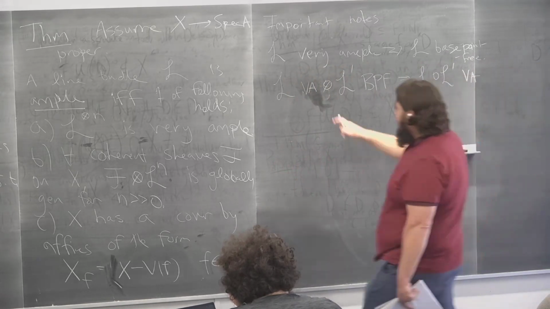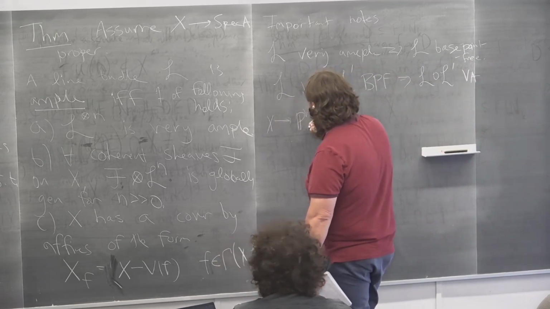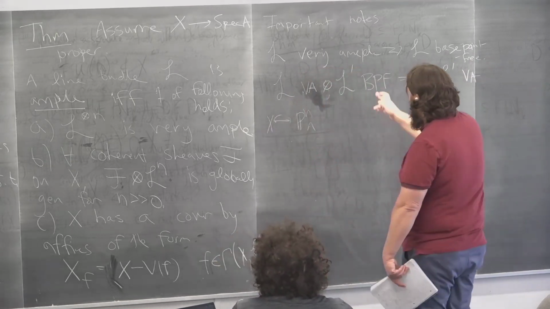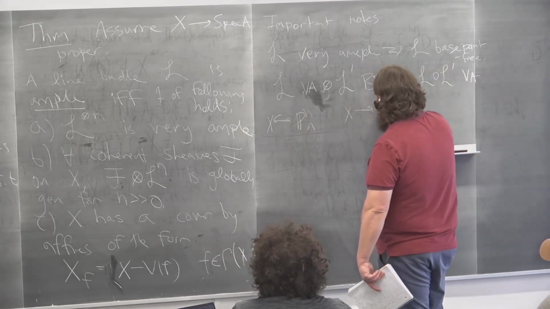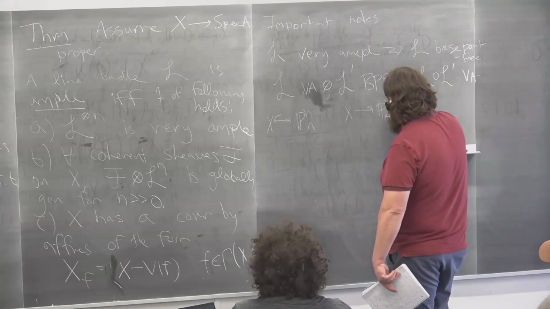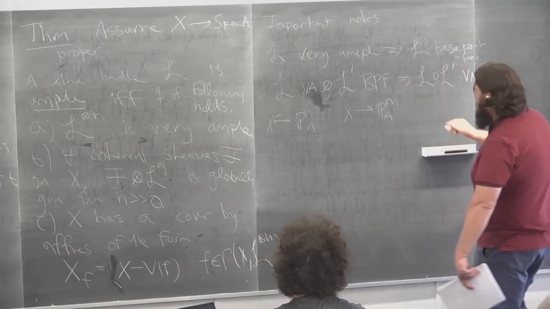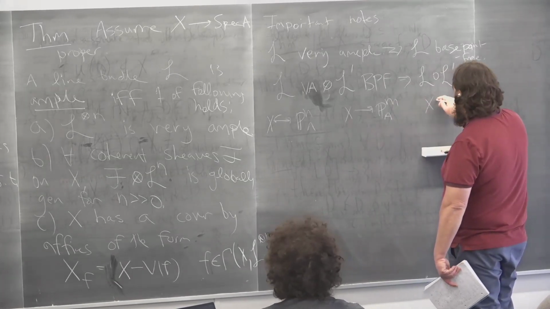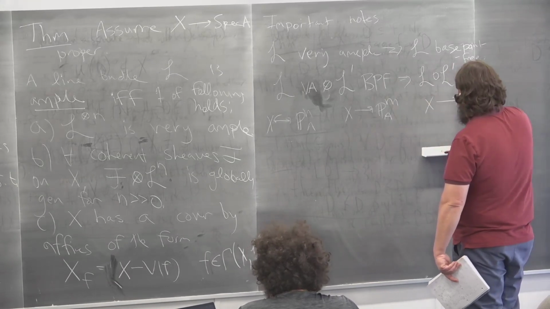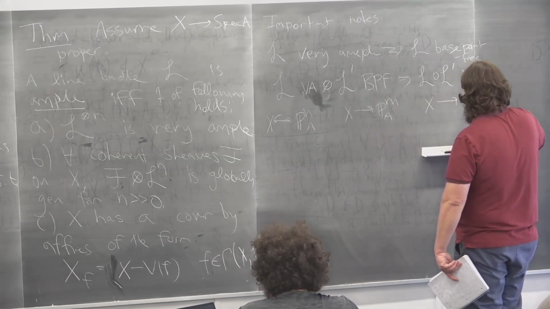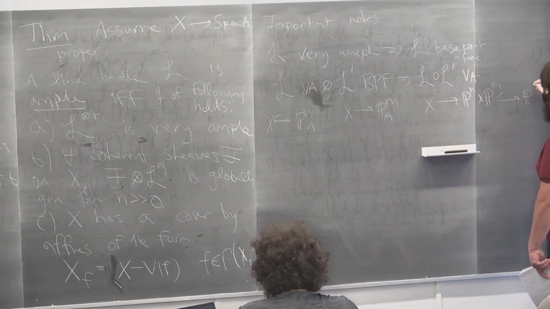And the proof here is this guy gives me a map from X into P^n, which is a closed embedding. This guy gives me some map of X to P^m, which might be a closed embedding, might not. This tensor product gives me the natural induced map into the product, followed by the Segre embedding.